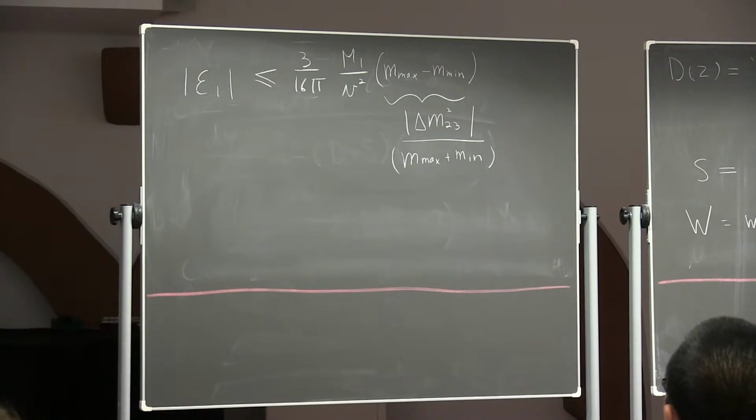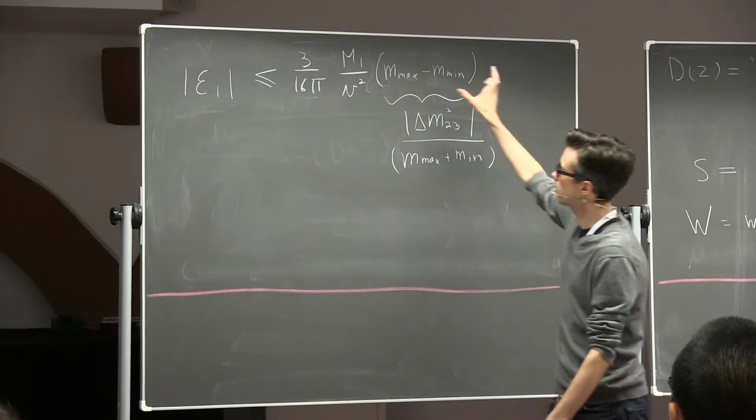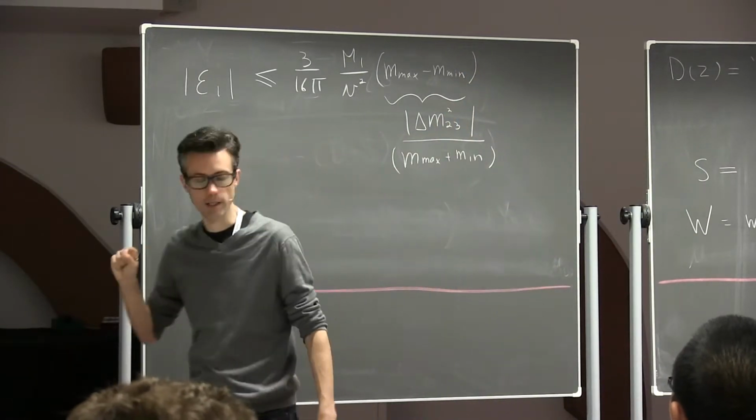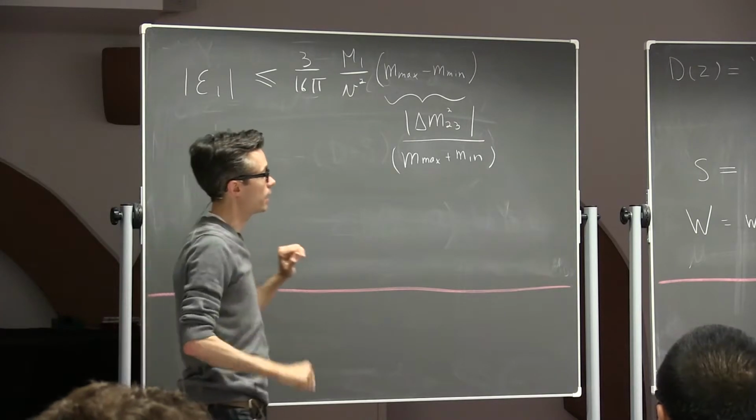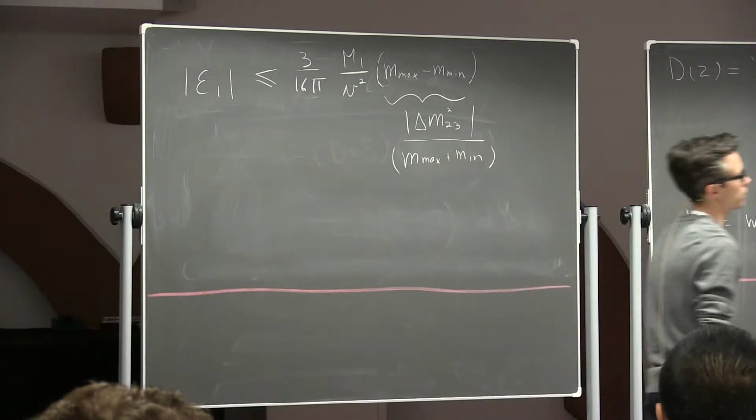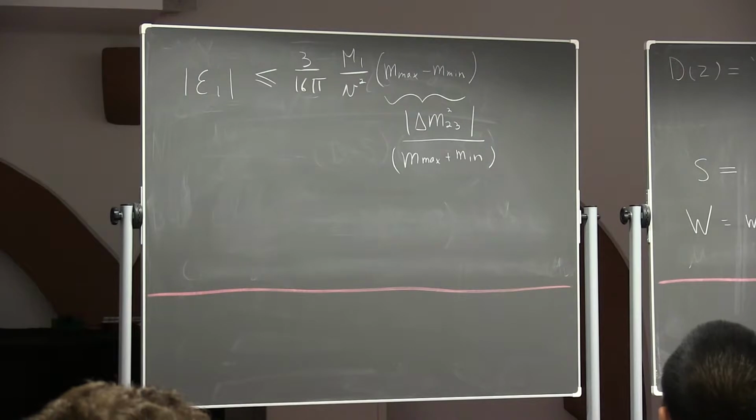In any case, we can take what we know about light neutrinos and use it to constrain this epsilon 1 parameter. And the efficiency factor, unless you start to get weird, is typically less than about 1.